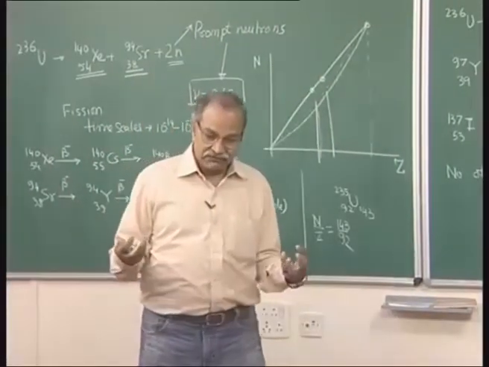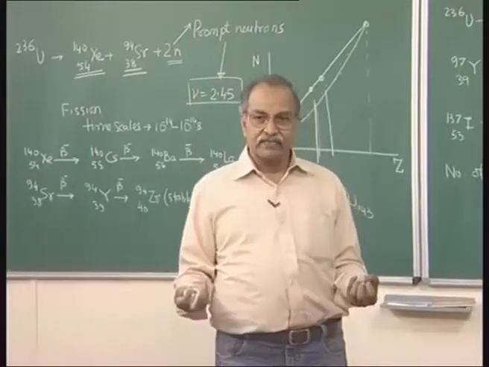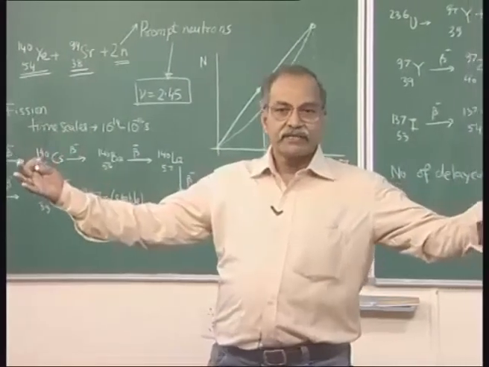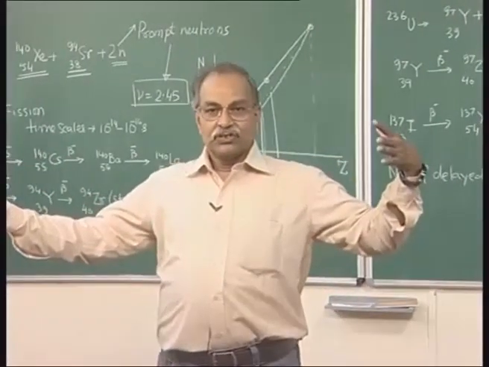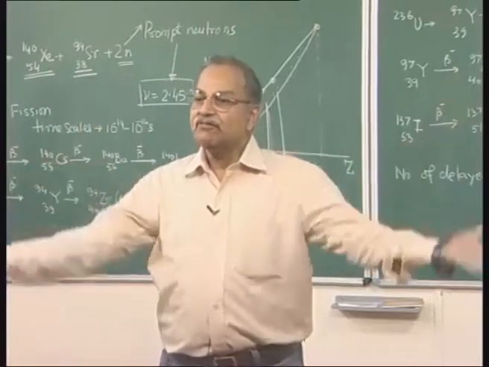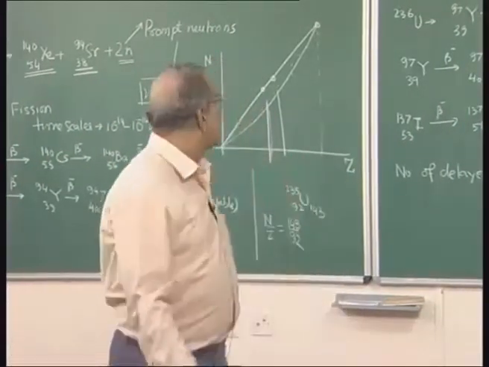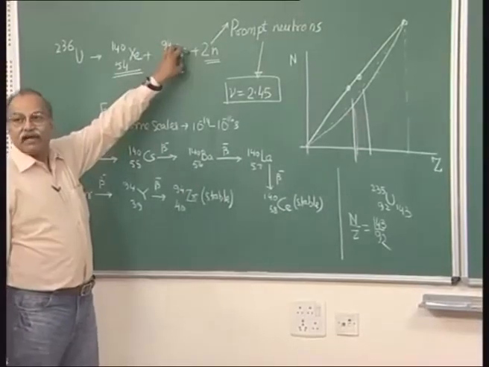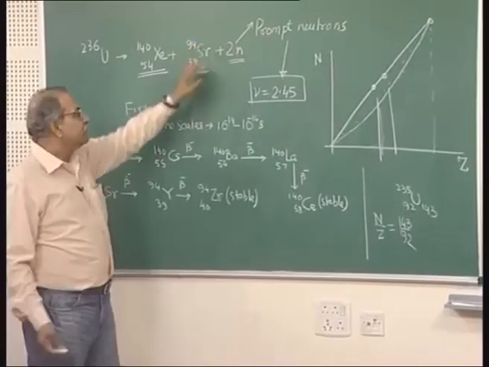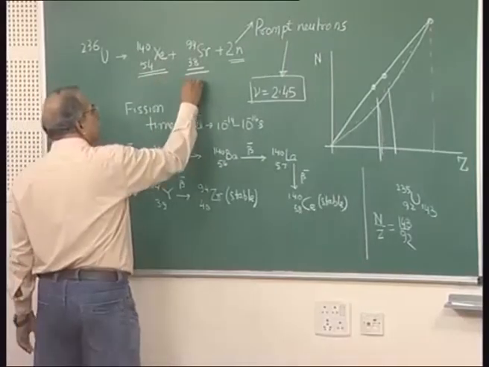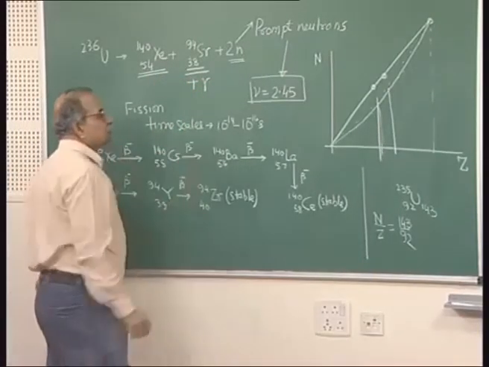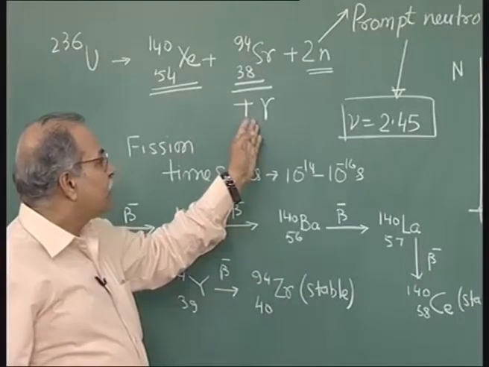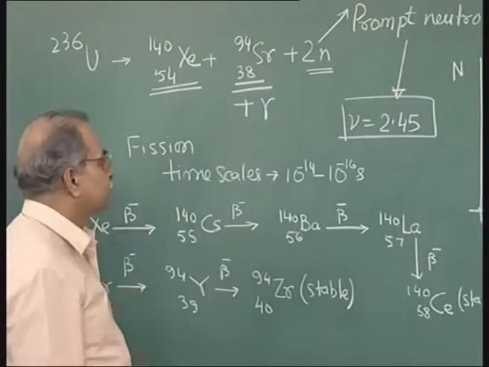These fragments which are created are not only neutron rich, but they are also in a high energy state. So they immediately give off some gamma rays.